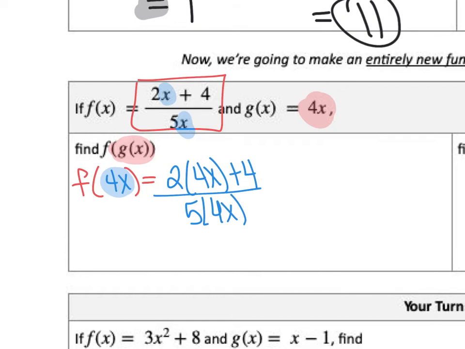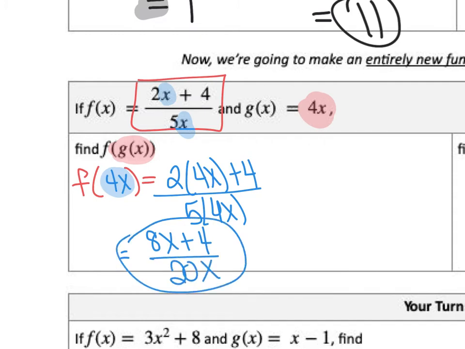Again, all I did was put 4x in my function f anywhere I saw an x. And then when I evaluate that, 4 times 2 is 8, I would get 8x plus 4 over 20x. And these are not going to end up being a number because you're not evaluating for a specific value, you're evaluating for a specific function.